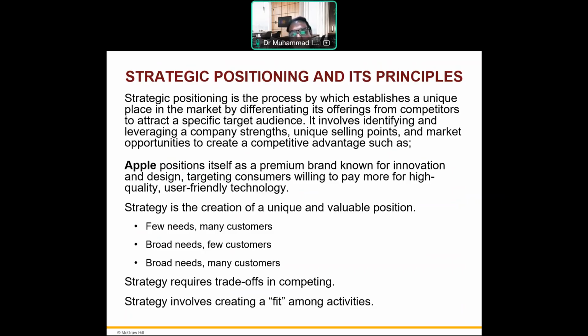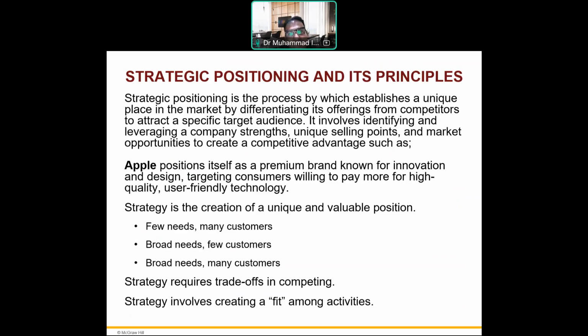Here is a simple example of Apple. See how Apple promotes its products: innovation, design, high quality, and user-friendly technology. These are the basic features. Is it easy to introduce them? No, it's not easy. For these features they built a whole mechanism. Maybe some other time we can discuss it in detail.